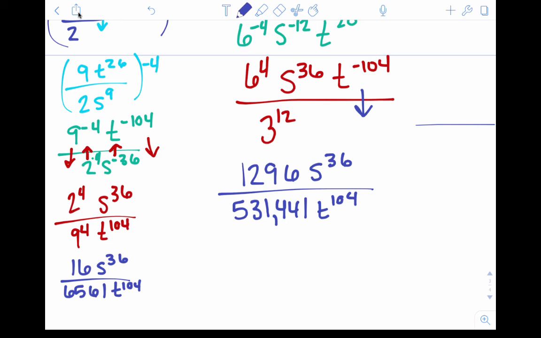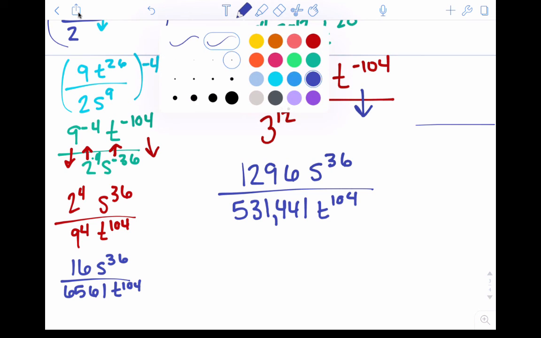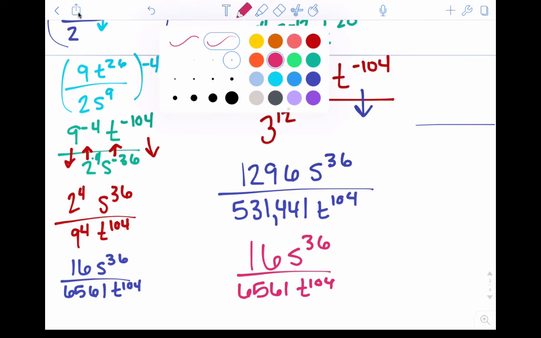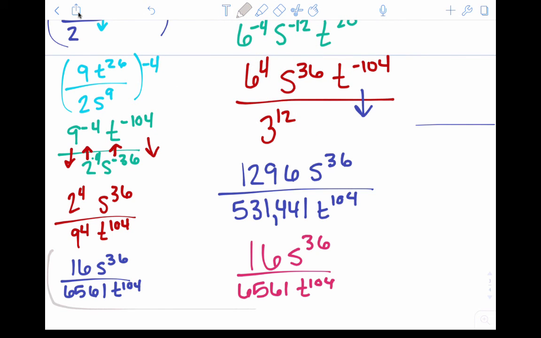And so if I take 1,296 divided by 81, I get 16. Then I have s to the 36. And then if I take 531,441 divided by 81, I get 6,561, t to the 104th. So notice, either way that I do this problem, I end up getting that same answer. It just depends on which way you prefer.